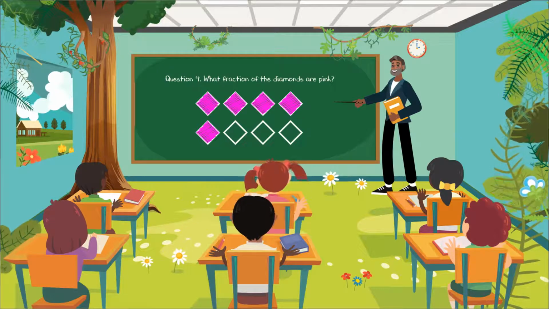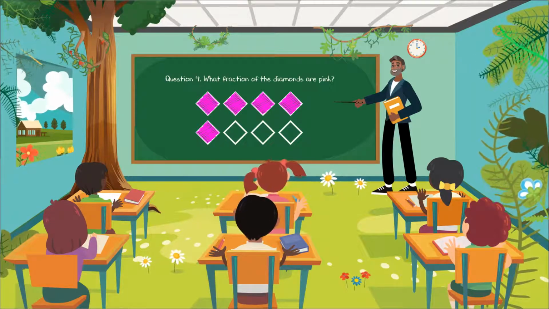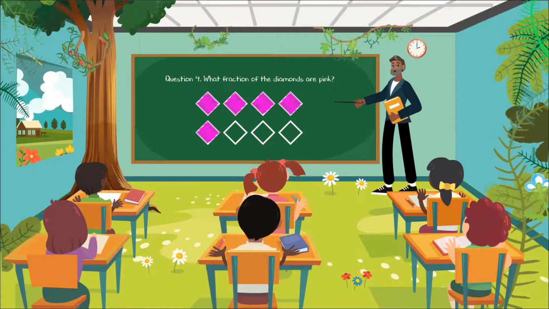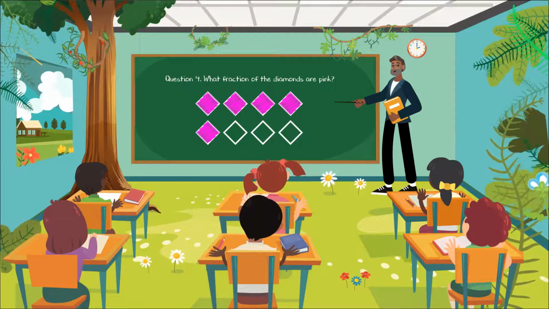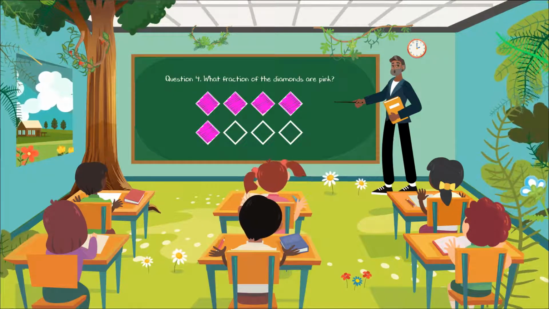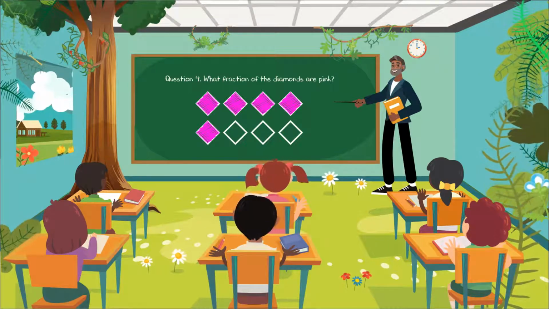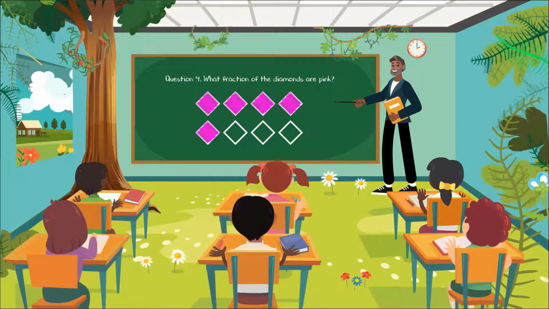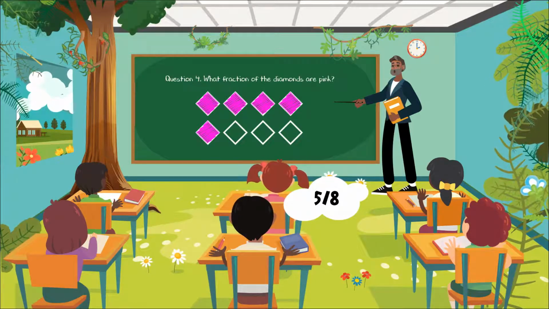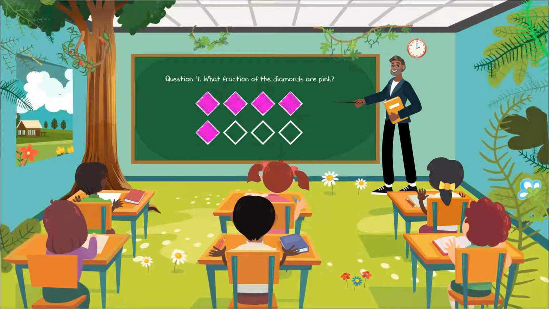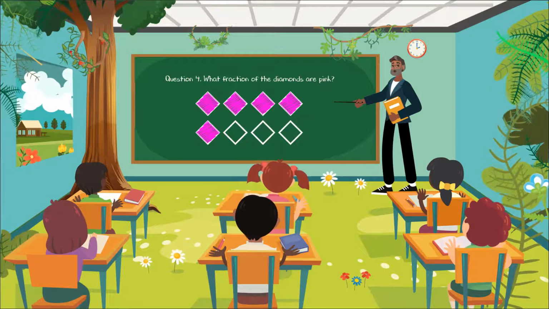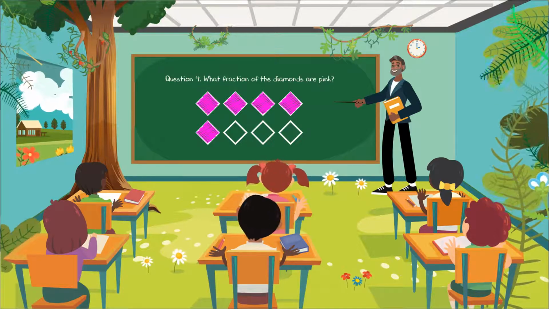What fraction of the diamonds are pink? First, find out how many diamonds are shaded, and how many in all. So my fraction is 5/8. Excellent job.